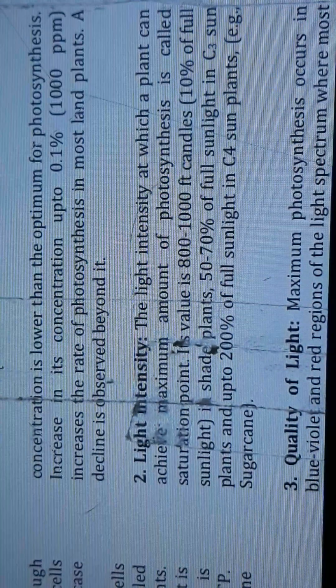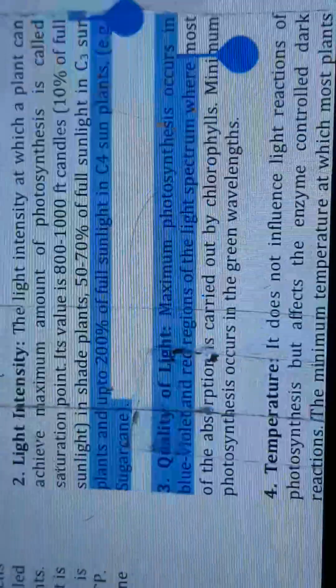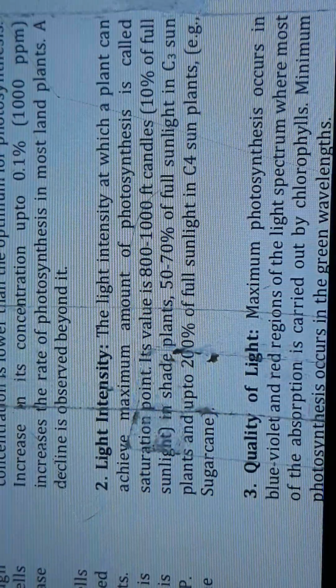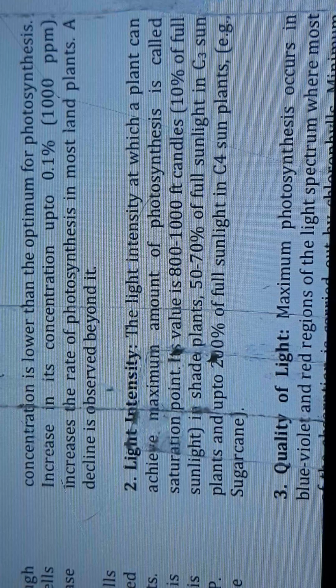The concentration is lower than the optimum for high photosynthesis. An increase in its concentration up to 0.1%, at 1,000 parts per million, increases the rate of photosynthesis. In most plants, a decline is observed beyond it.